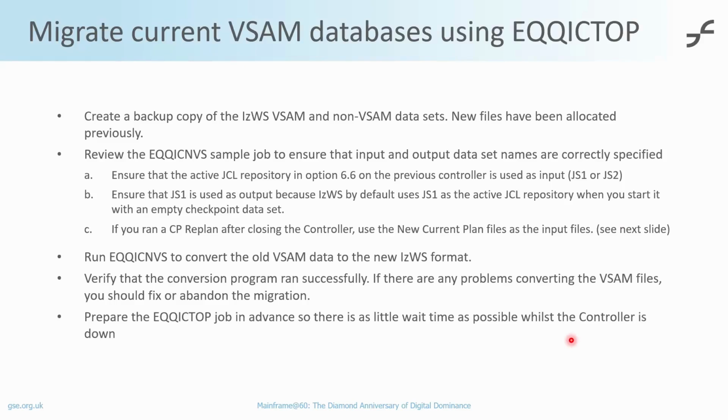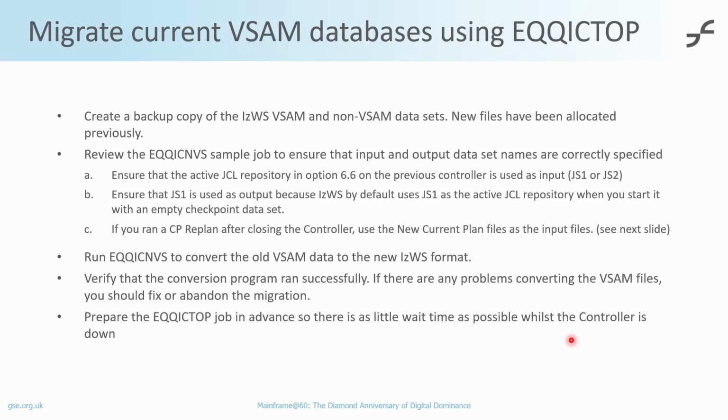So first, create a backup of all your controller datasets, both VSAM and non-VSAM. The new files have been allocated previously, obviously. Review the sample job that you should prepare in advance.